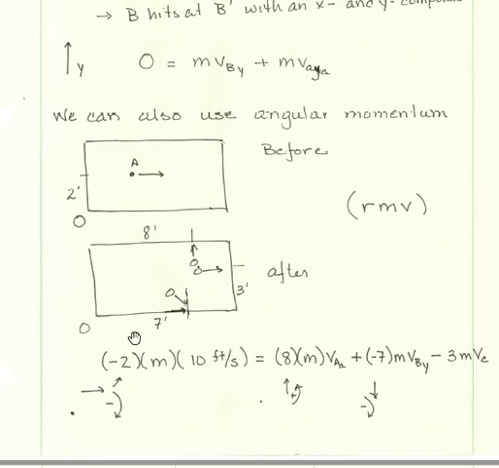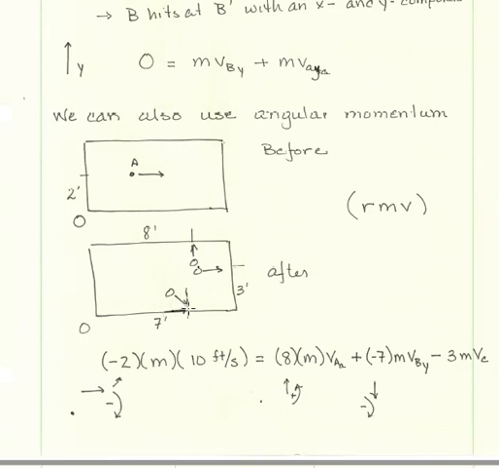So we're going to use our angular momentum. Our angular momentum before is going to be our lever arm, 2 feet. We've got the velocities going in that direction, so we're going to end up with a rotation in the negative direction. Similarly, at A, I don't have to worry about my X direction because it's in line with my origin.